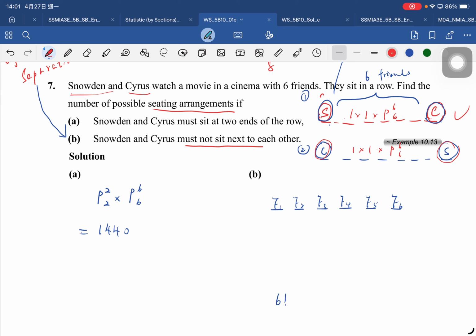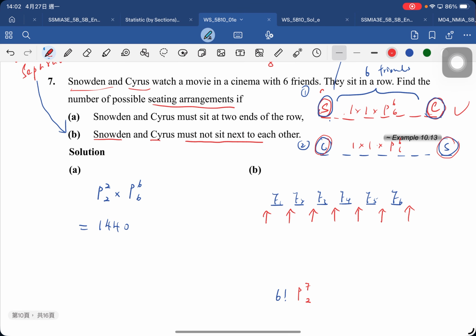And then what should you do so that you can separate S and C? Just place them in between the 6 friends, any 2 positions, and then arrange them. So in this case, there are 7 spaces, and I select any 2, and then arrange them. So this is the way to do it. Any problem? So when you try to find the answer, it should be this.